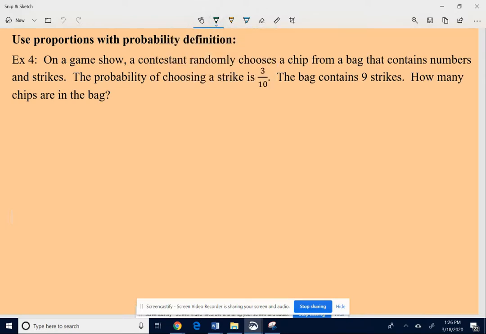Okay, what I would do, I would think about the probability of choosing a strike and think about what that really means in this problem. Like, what does the 3 and the 10 represent? If the probability of choosing a strike is 3 out of 10, that 3 would represent the favorable outcome, which is the strike.